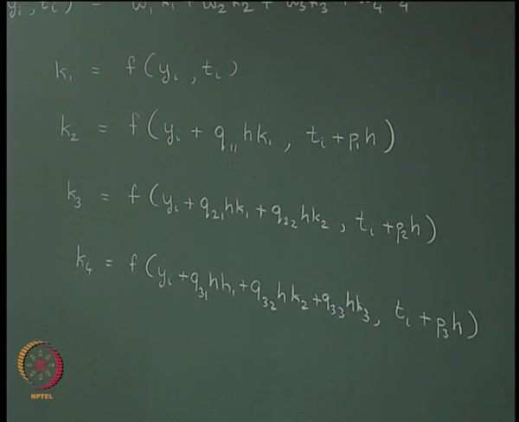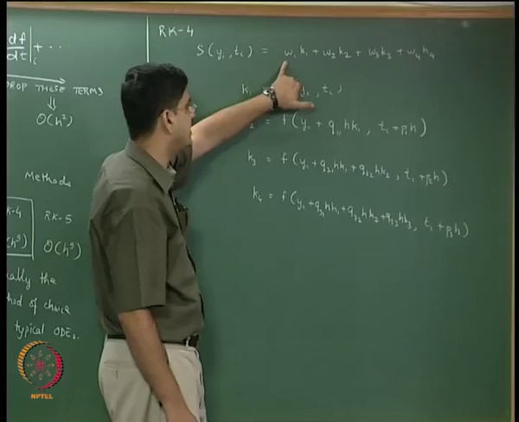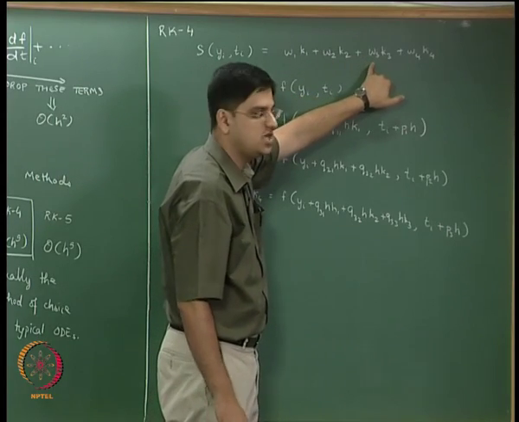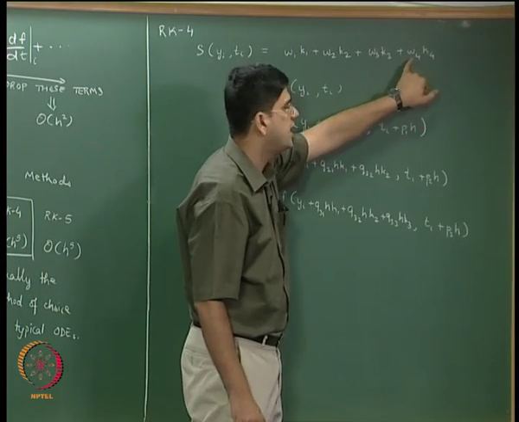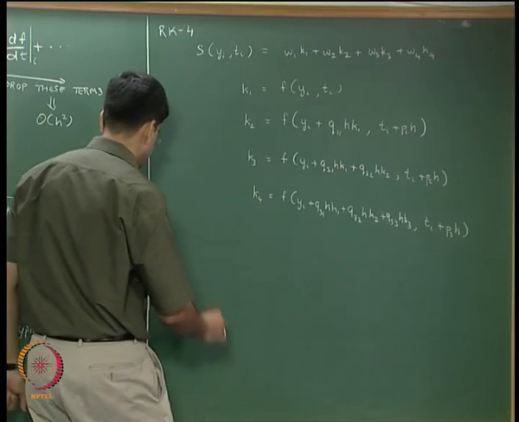The most typical RK4 method that's often used has W1 equal to 1 by 6, W2 and W3 equal to 1 third and W4 equal to 1 by 6 again.